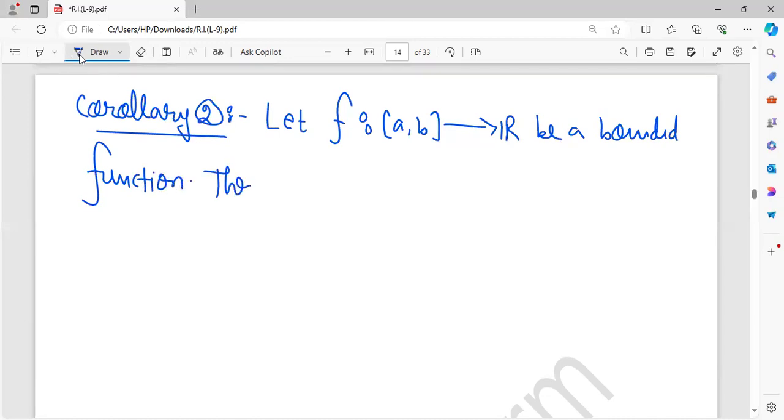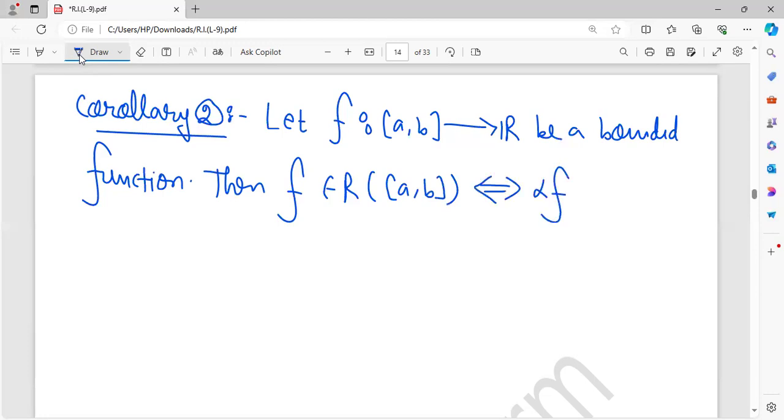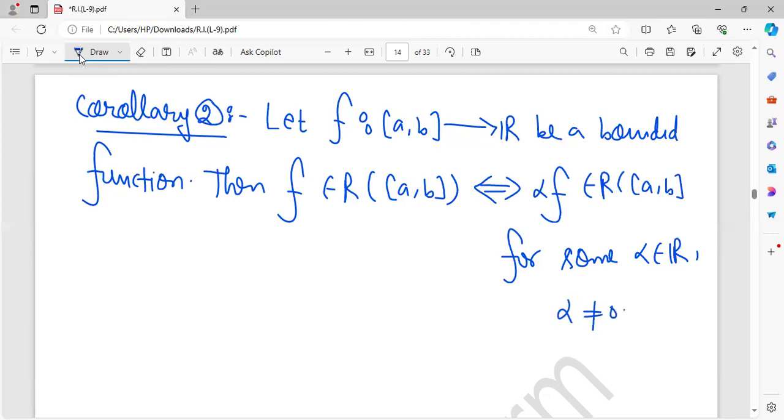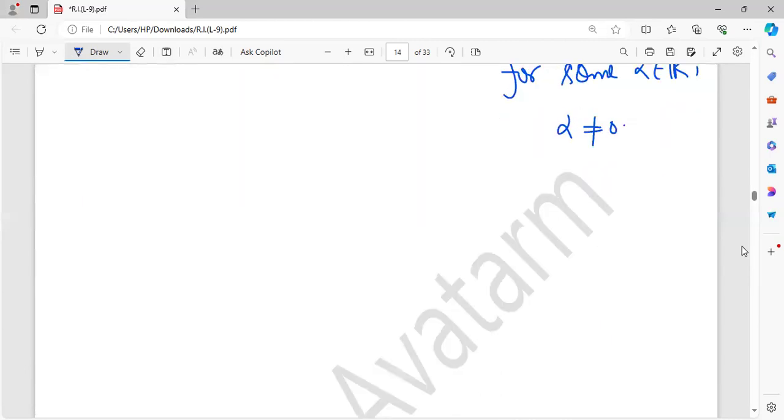Then f belongs to R[a,b] if and only if alpha f belongs to R[a,b] for some alpha belongs to R and alpha is non-zero. Similarly, we can prove it. Proof. How we will prove it? So let alpha be some non-zero number.